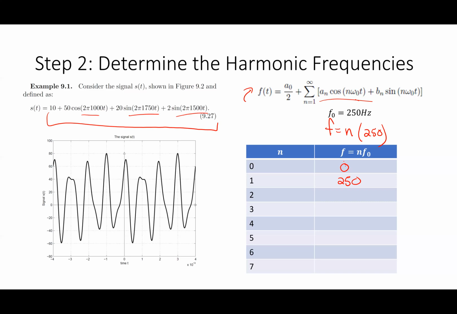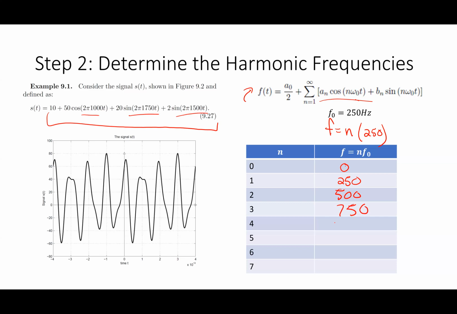What's the second harmonic here? What frequency would that be? Yeah, 500. Right? So the third harmonic would be 3 times 250. What's that? 750.